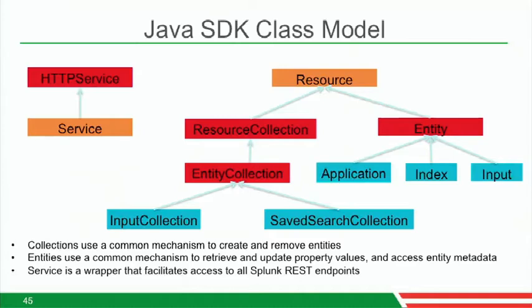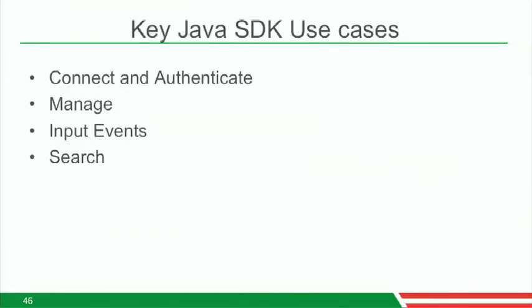So this container structure is a mechanism by which you add and retrieve the various individual entities. Then once you've got a handle to an individual entity, like a user object or an app object or a saved search object, you can then work on the individual properties of those particular objects and then persist those back to Splunk for management purposes.